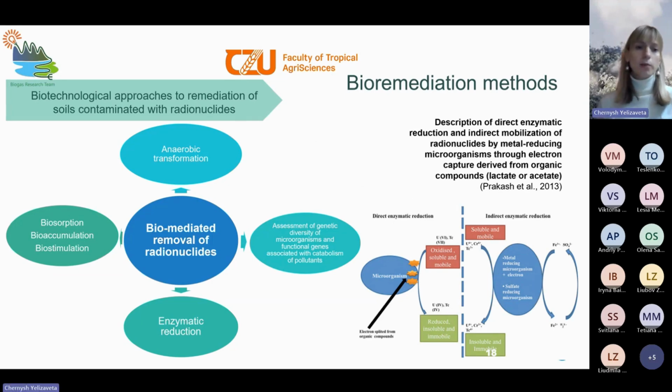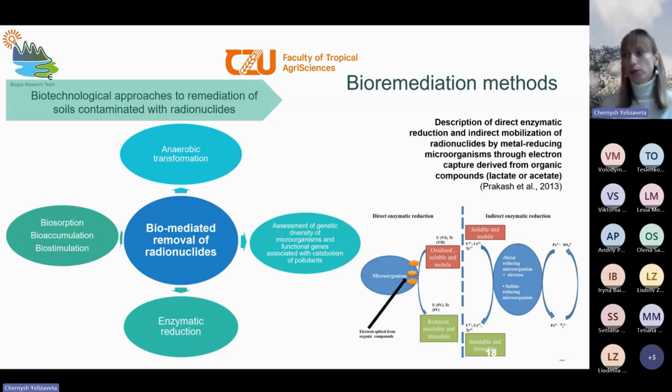So when we talk about the biotechnological approach to remediation of soil contaminated with radionuclides and heavy metals, it can be complex contamination. We talk about nature's mechanisms that microorganisms have for protecting themselves from this type of pollutants. Bioabsorption, bioaccumulation, and biostimulation. It's the basic.